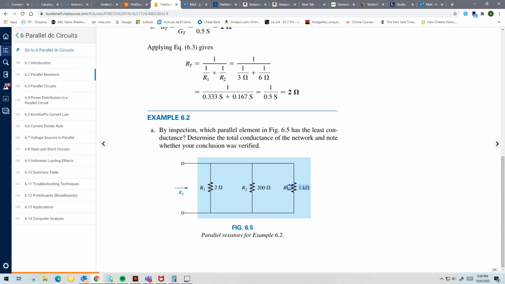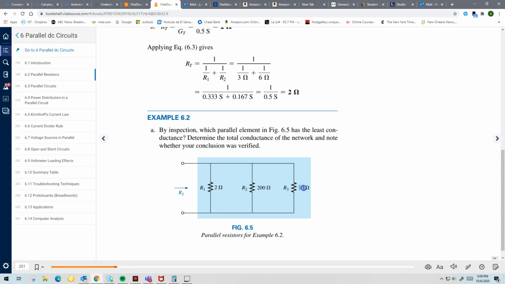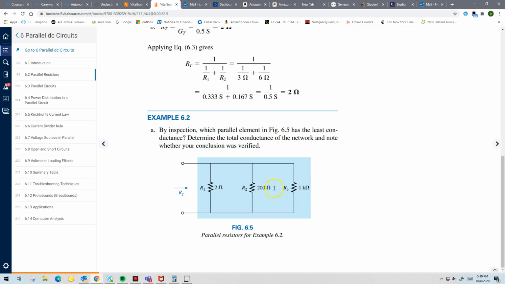So by default, it'll have the least conductance because of the reciprocal. It has the most resistance, so it is going to have the least conductance. Just like the 2 ohm, which has the least resistance, is going to have the most conductance. Okay, the reciprocal.